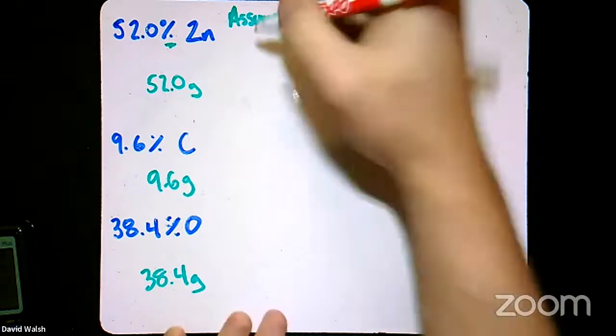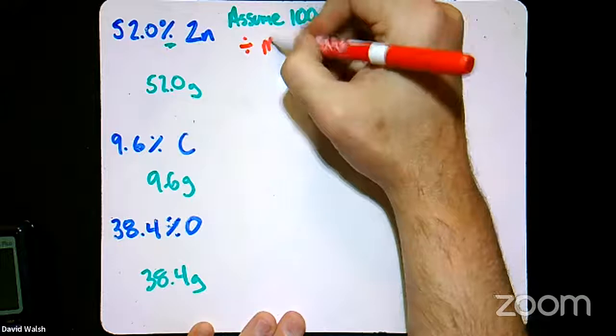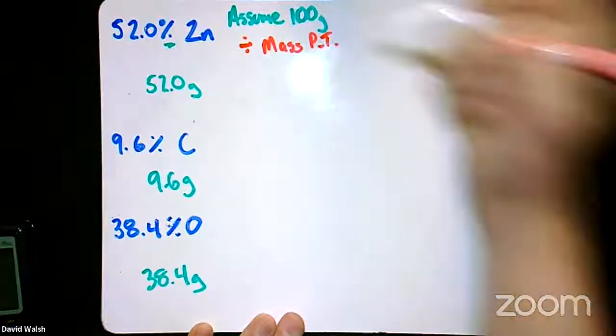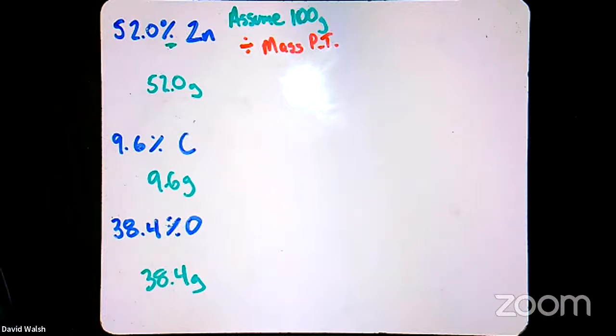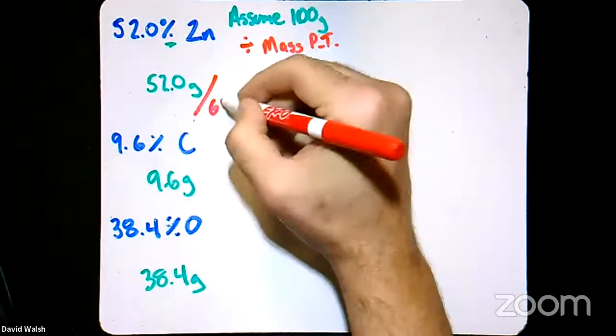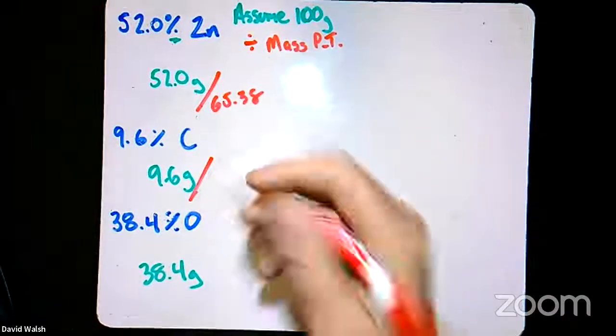Okay, so then we divide the mass by the mass of the element on the periodic table. Zinc, we find zinc on the periodic table. It's right here, 65.38. So we're going to take 52.0 and divide it by 65.38. Find carbon on the periodic table.